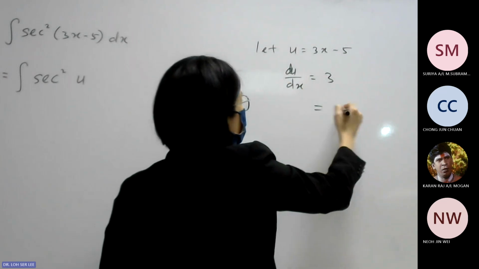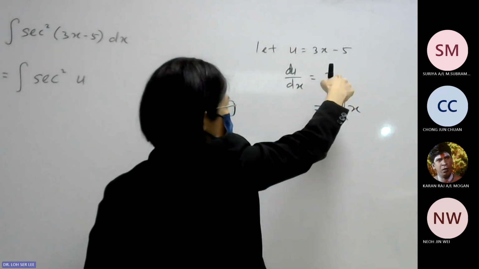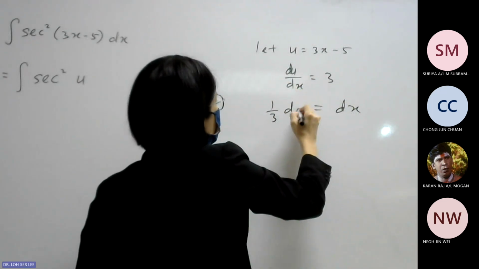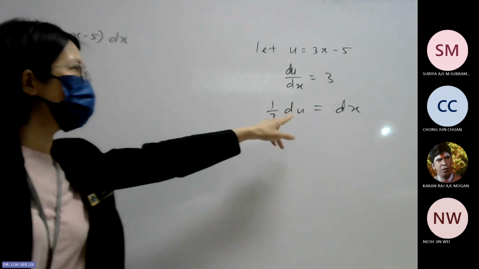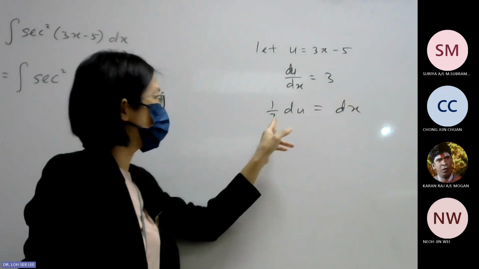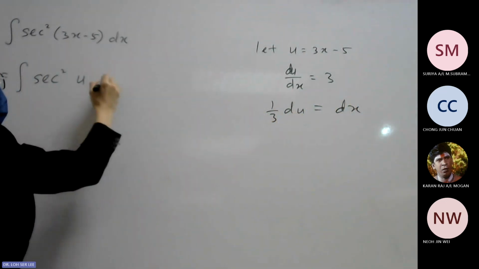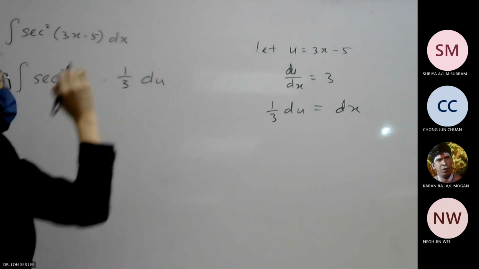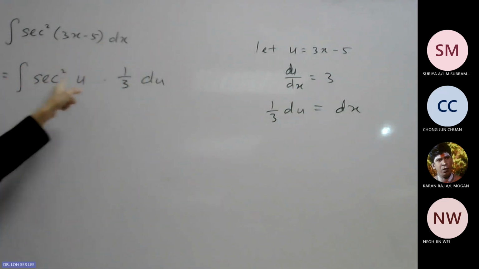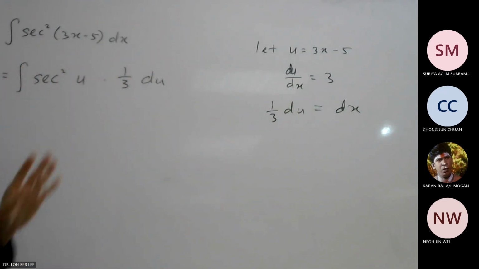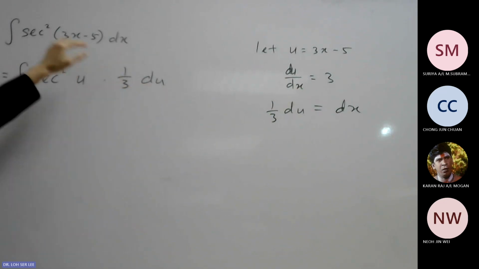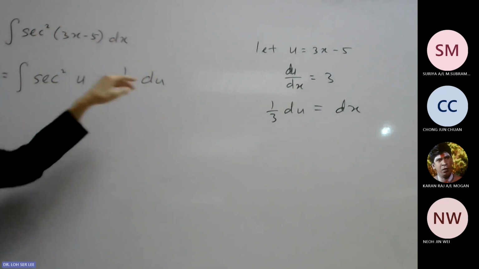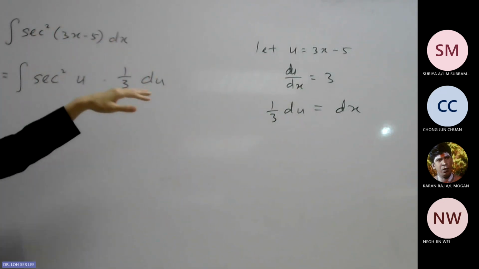If we want only dx, you move the 3 to the left. Then your dx is 1/3 du. So after we change everything into u, no more x. You can't have x and u in one integral.